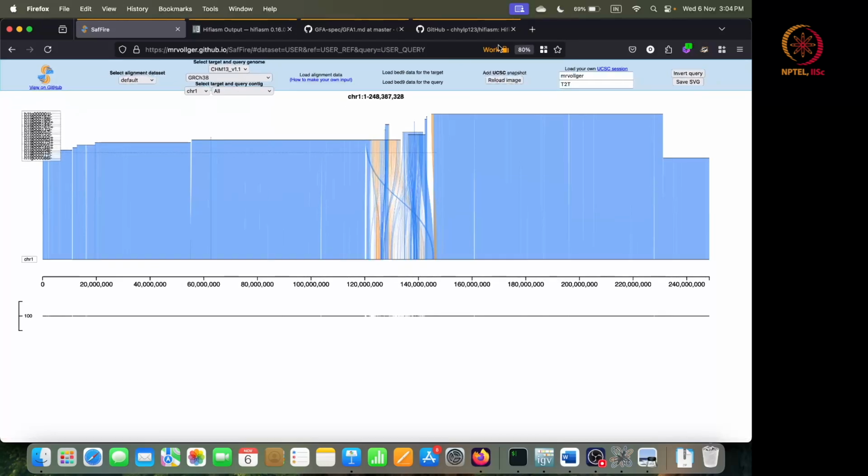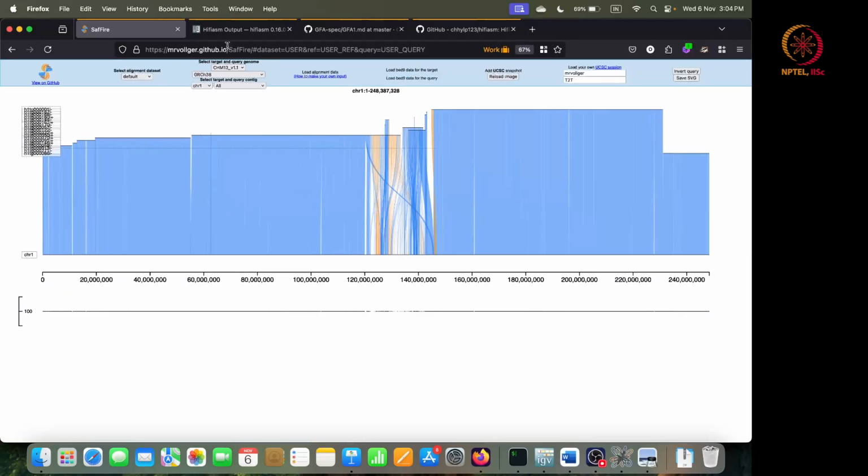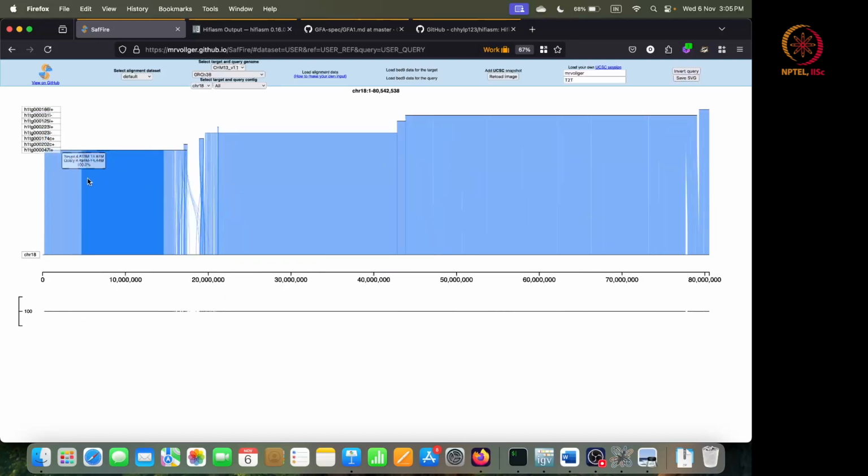It is still not clear what it is. So, here we have the target reference CHM13 v1.1, and we can select a specific chromosome that we want to look at. So, let us look at chromosome 18. You can see now on chromosome 18 there are 2, 3, 4, 8 such contigs available.